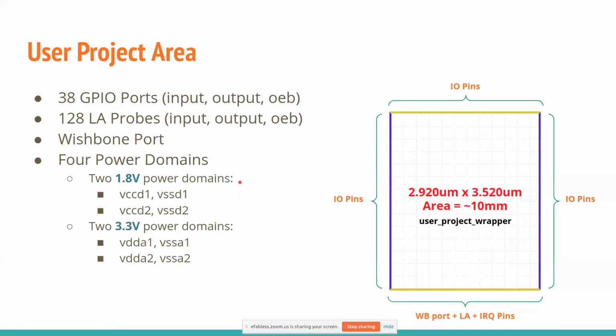So in summary, the user project area gets access to 38 general purpose I/O ports. These ports are configurable as an input, output, and output enable.